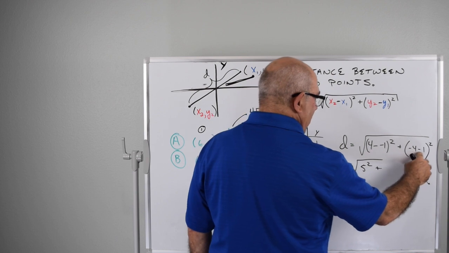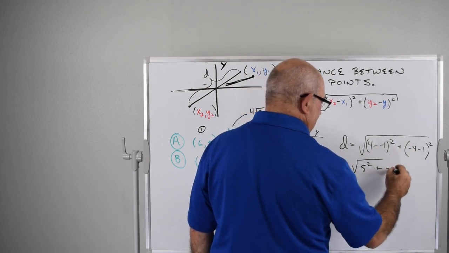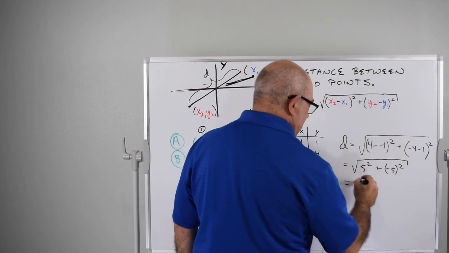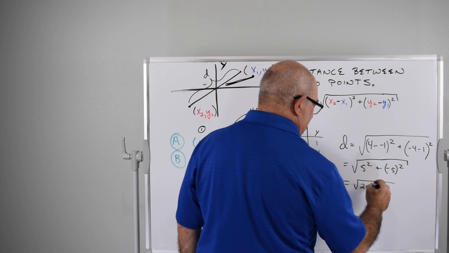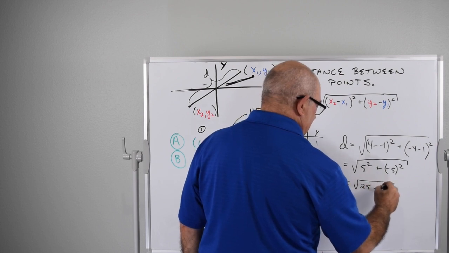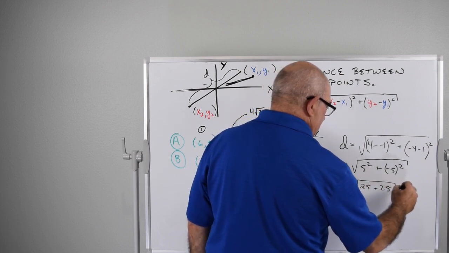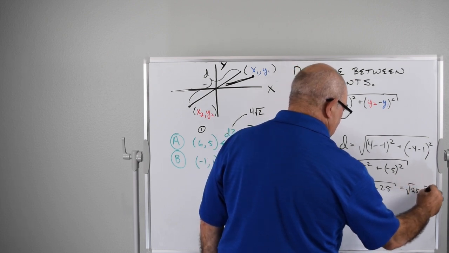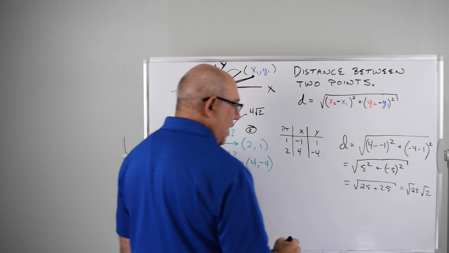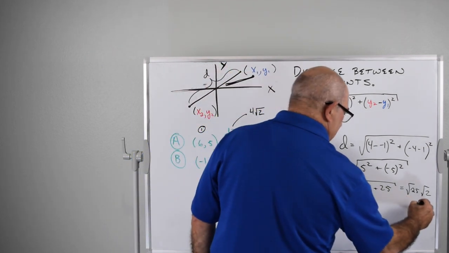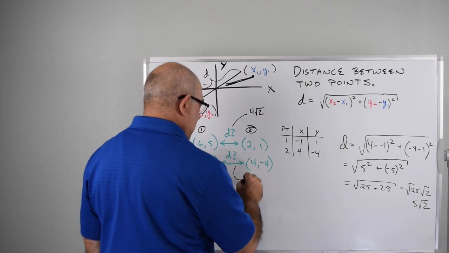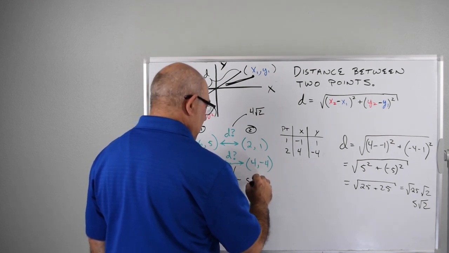Plus a minus 4 minus 1 is a minus 5, and that is squared. Okay? And so we get the square root of 25 plus 25, which equals the square root of 25 times the square root of 2. And that is 5 square root of 2. So the answer to this problem is 5 times the square root of 2.